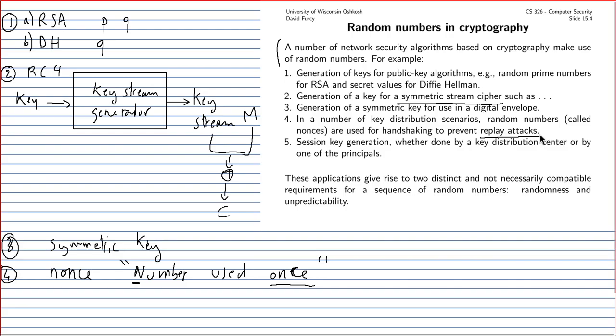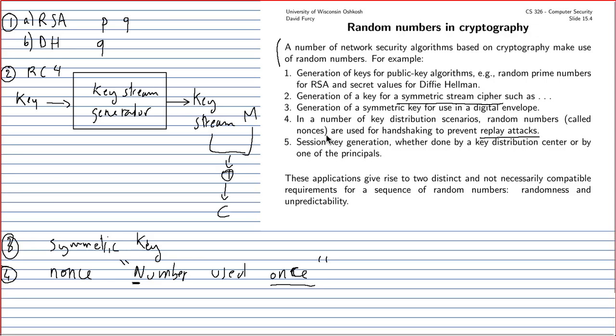So a replay attack is when the attacker intercepts a communication or a message, stores it, and then uses it later to reinitiate a communication with the receiver by simply replaying or resending the messages that they captured earlier. And one way to prevent this kind of attack is to use these nonces, because these are random numbers, so they are always different.